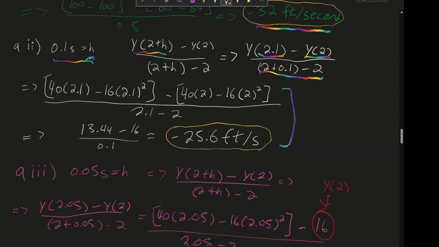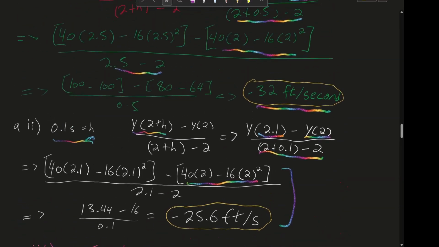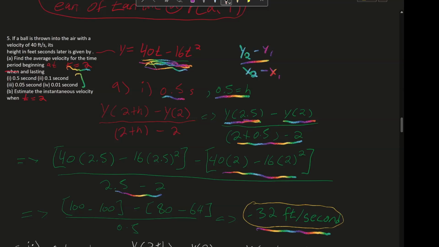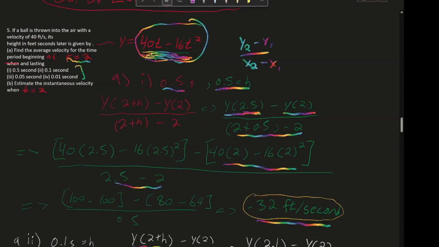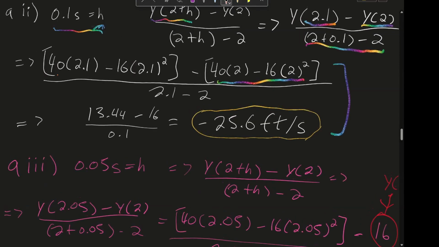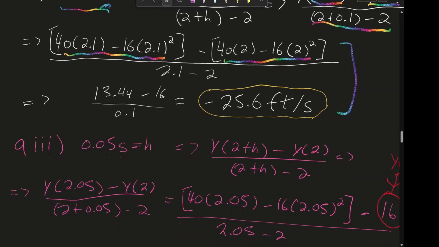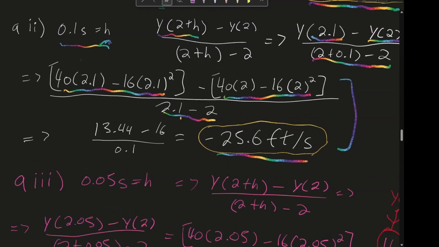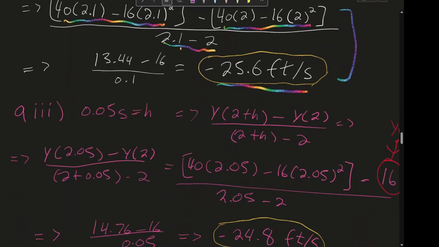Working that all out, you can see the y of 2 is the same from part A, because you're just plugging 2 into this equation here. And you're plugging 2.1 into the same equation, plugging in 2.1 for t, over 2.1 minus 2. And it comes out to negative 25.6 feet per second.